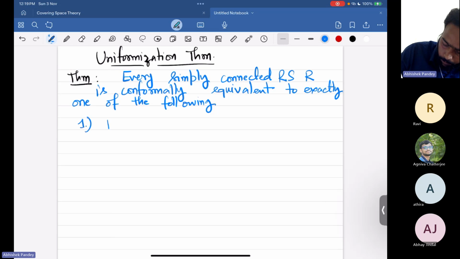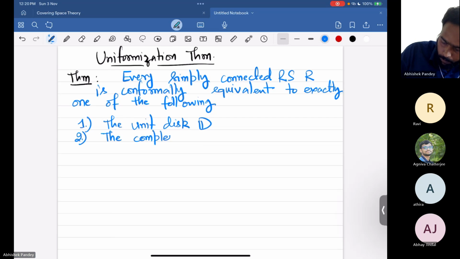First one is the unit disk. Second, the complex plane. Third one is the Riemann sphere or extended complex plane.